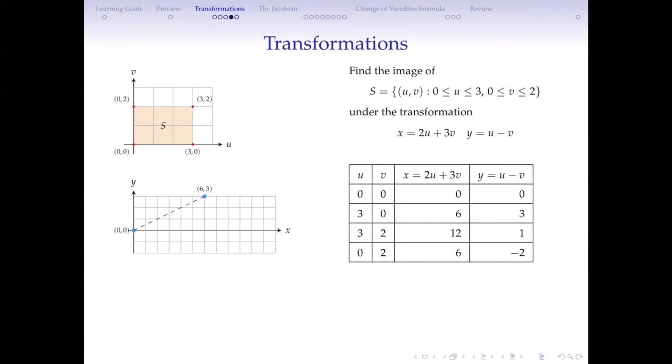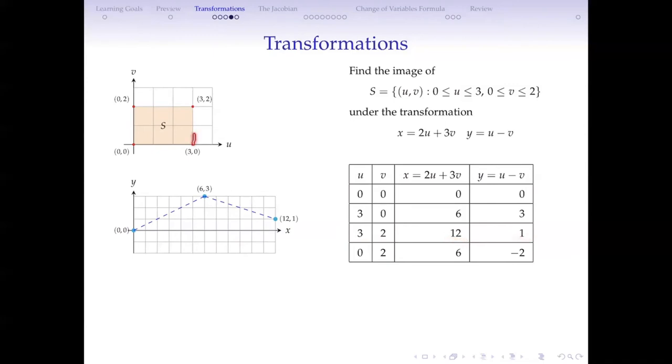The point 3, 0 maps to the point whose coordinates are 6 and 3. So as I go from 0, 0 to 3, 0 in the region S, I'm going from here to here in the XY plane. Let's see what point we visit next. The point 3, 2 out here gets mapped to the point whose coordinates are x equals 12, y equals 1.